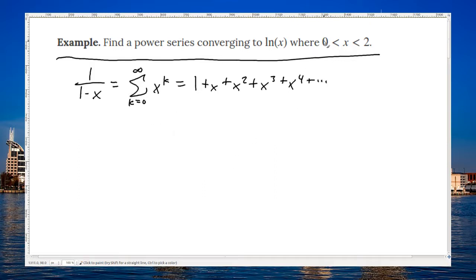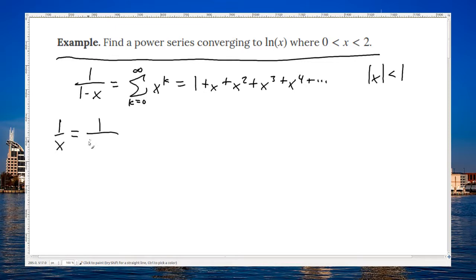And to get natural log of x, I'm going to have to start by massaging this a little bit to get 1 over x. And something to note is that because this comes from the geometric series formula, it works for absolute value of x is less than 1. This will also get manipulated a little bit to turn into 0 is less than x is less than 2.